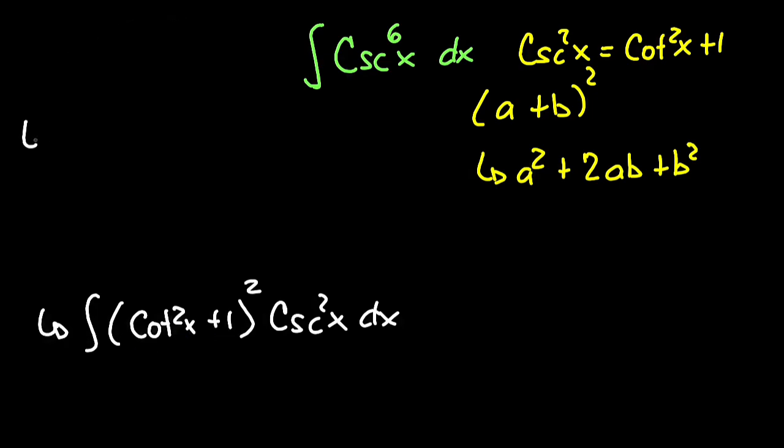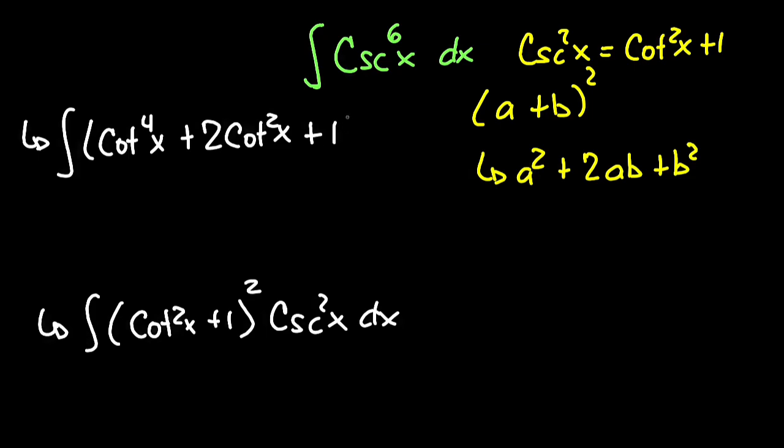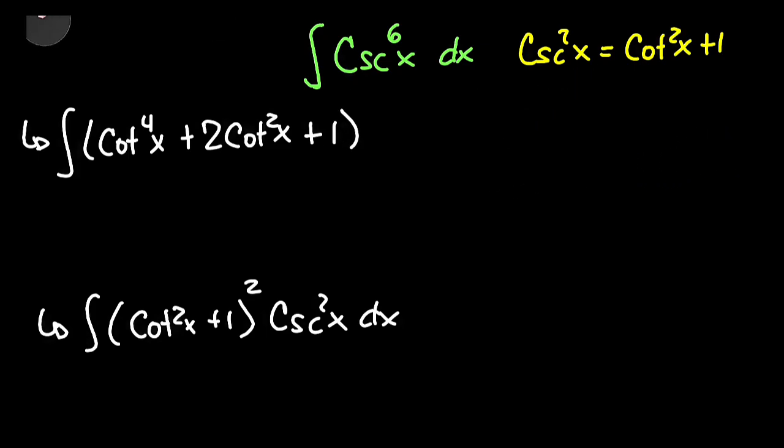So by this formula, the expanded expression would be cotangent to the power 4 of x, since a squared is cotangent squared of x squared, which is cotangent to the power of 4 of x, plus twice of a, which is cotangent squared of x, multiplied by b, which is 1, plus b squared, which is 1 squared. This is our expanded expression, and copy the rest.